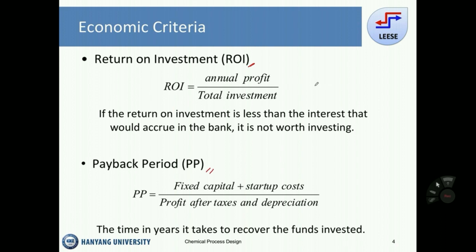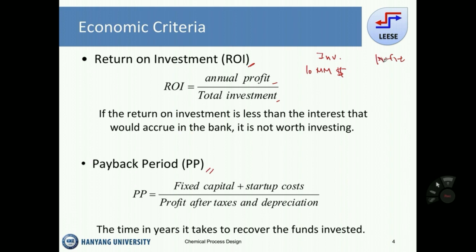There is some complex calculation behind calculating return on investment, but in a simple definition it is given by profit divided by investment. Okay, so we are investing, say, $1 million, $10 million. So then that is the investment. And what is the profit?